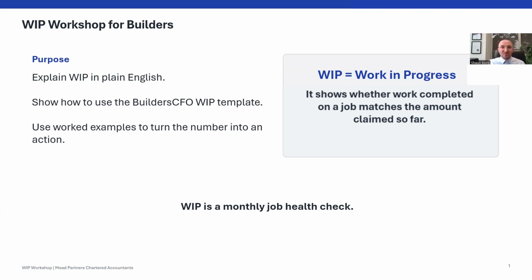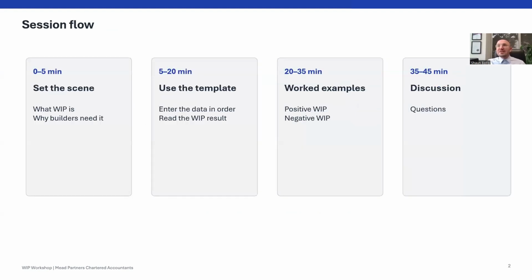I'll keep it simple. We'll work through our BuilderCFO template and look at some simple worked examples, and then we'll talk about what action to take from the WIP result. The session should take about half an hour, depending on questions.